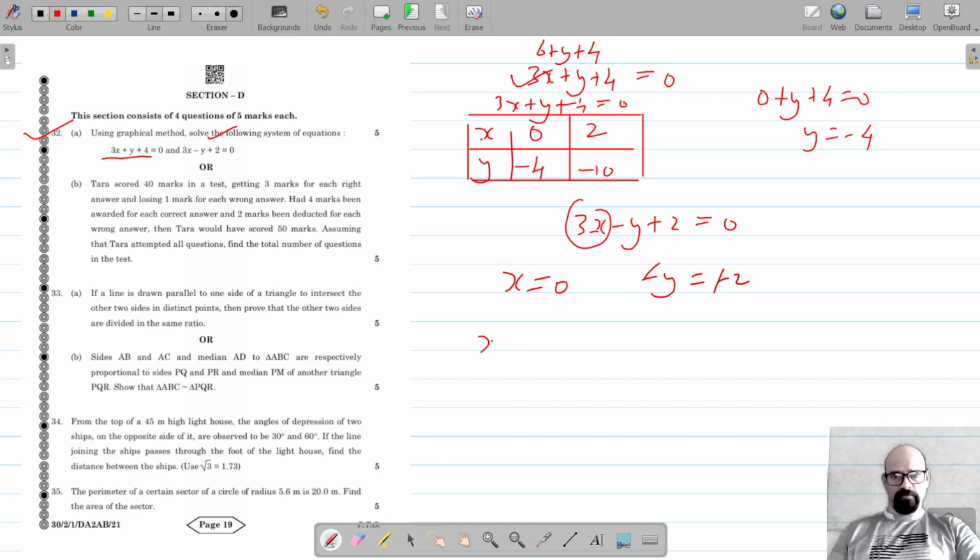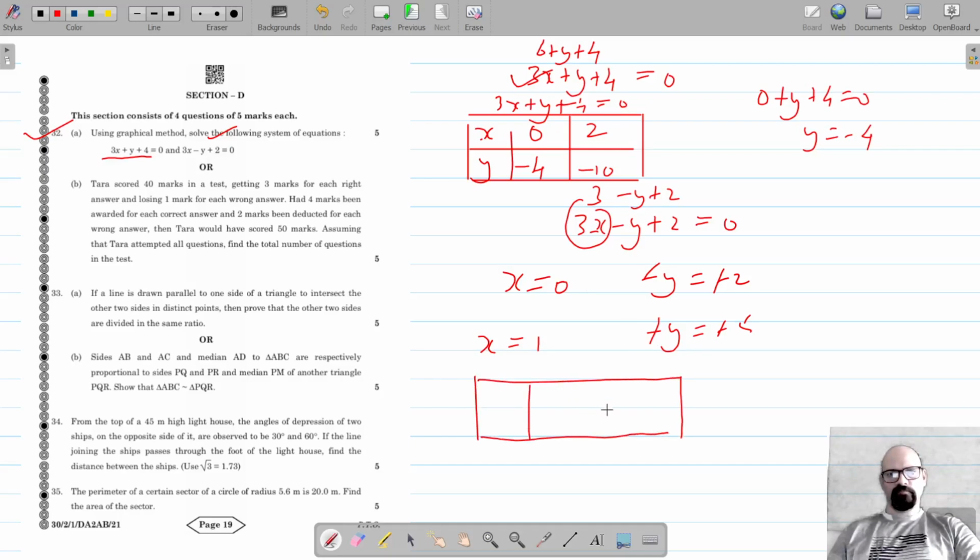And when I put, let's say, x is equal to 1, this is 3 minus y plus 2, which gives me minus y is equal to minus 5, and y is equal to 5. So for this, I have the coordinates x, y: when x is 0, y is 2, and when x is 1, y is 5.